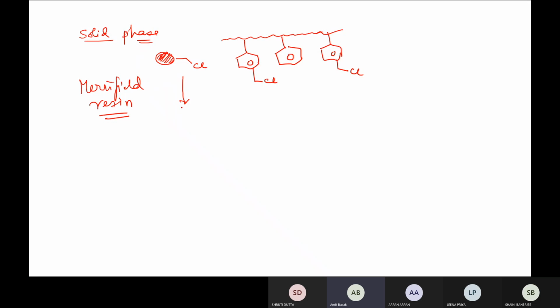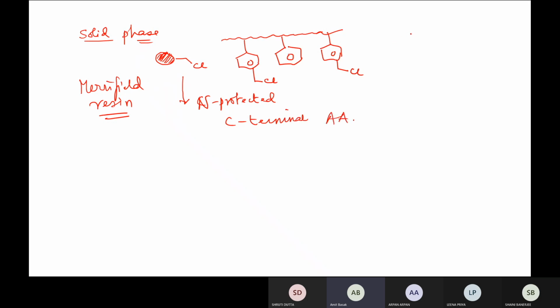The first step is that you have to attach the N-protected C-terminal amino acid.